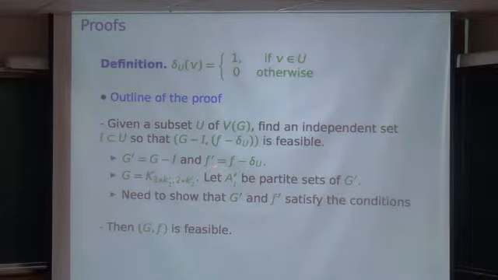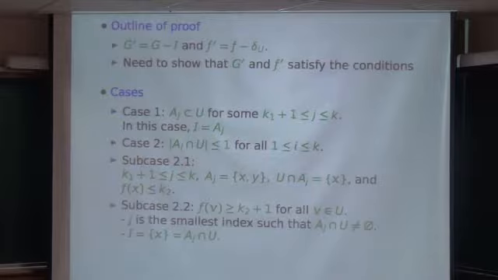Then we modify the functions f and g this way, and finally we can show that Bob can complete the coloring. Okay.